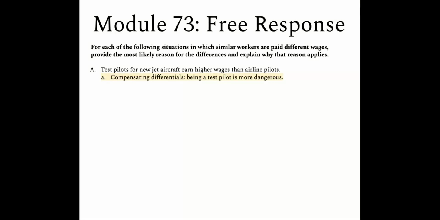You both fly planes, but flying a jet that needs to be tested and has never been flown before is a lot more dangerous than an airline pilot flying a plane that has been tested and works well and is safe, okay? So compensating differentials: day versus night, more safe versus less safe, a harsher area versus a not harsher area. Those are things that could be considered compensating differentials.